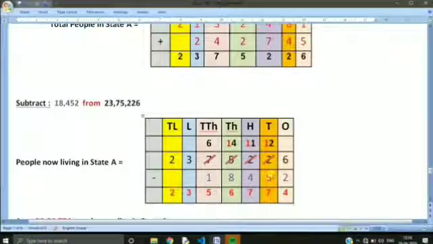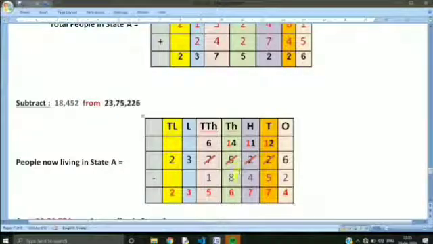Now from 12 subtract 5, it becomes 7. From 1 we can't subtract 4. So again this 1 will go to the next, that is the 1000 column, and ask 5 to lend 1. When 5 lends 1, this 1 becomes 11 and the number 5 becomes 4, which we have written in black color. So 11 minus 4 will be 7.